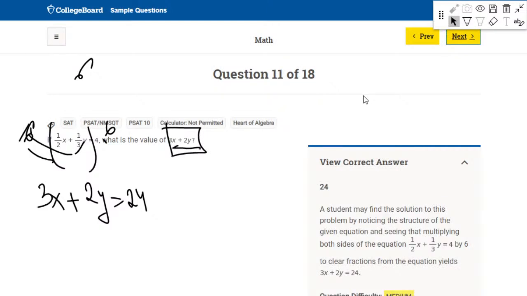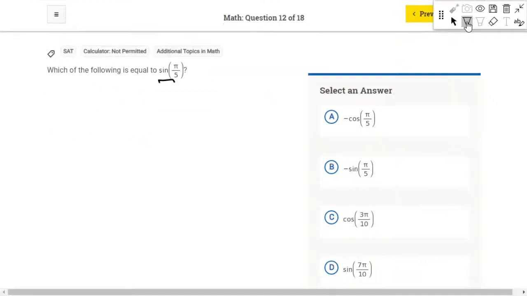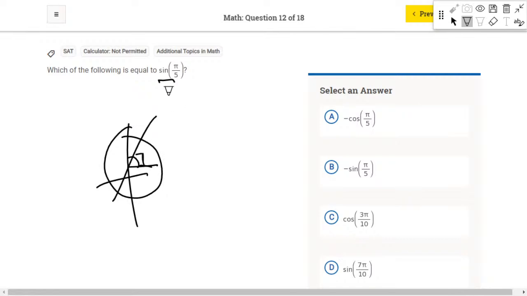Let's continue. Which of the following is equal to sine of pi divided by 5? It's very useful to know the circle with the radius of 1, so it's easier to find the sine of any angle.